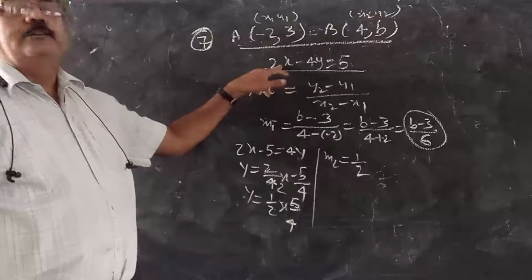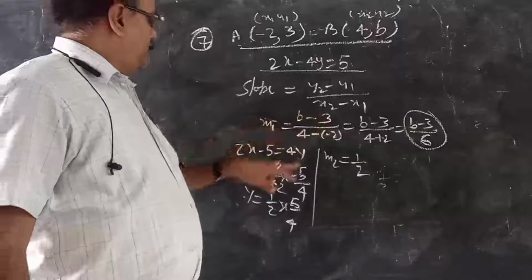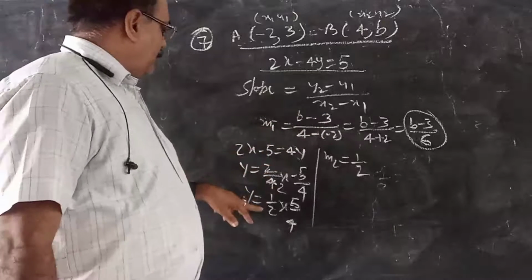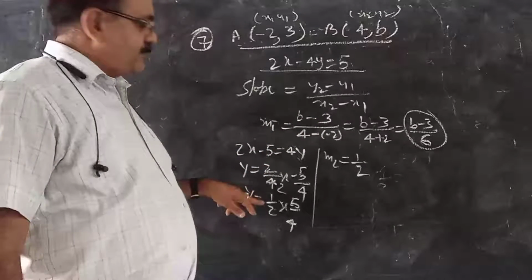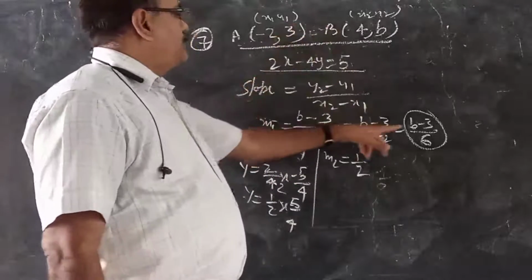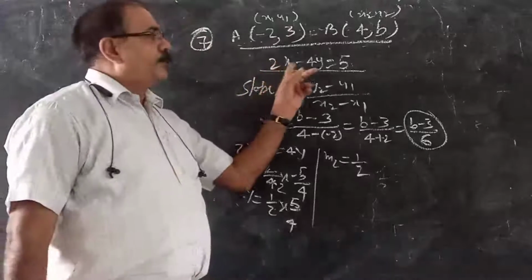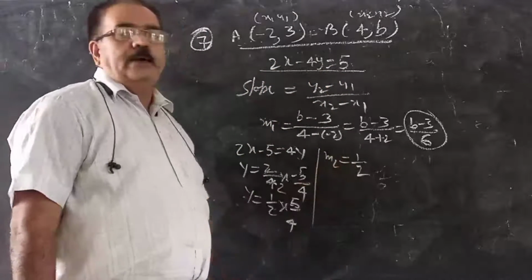The slope of the line 2x - 4y = 5, after simplifying and comparing with y = mx + c, is 1/2. The slope of AB is (b - 3)/6.